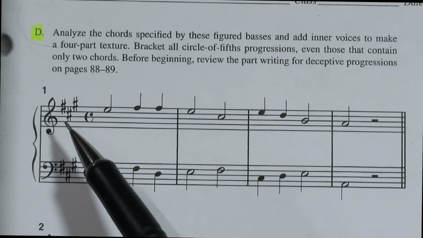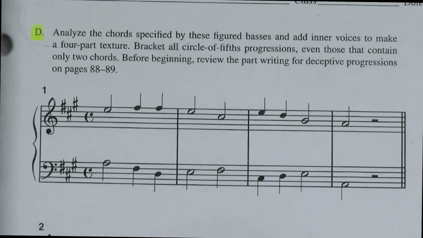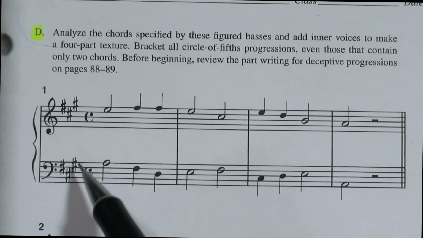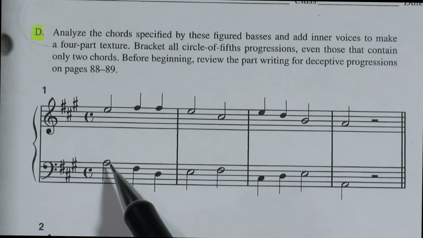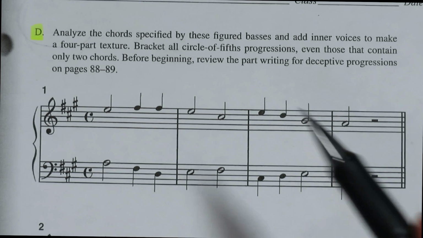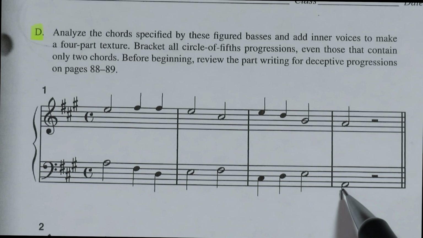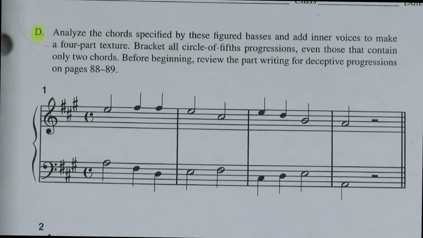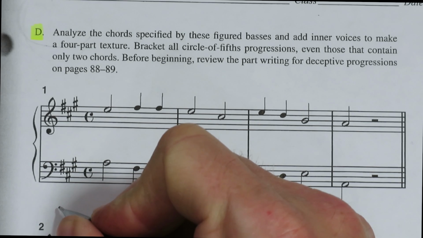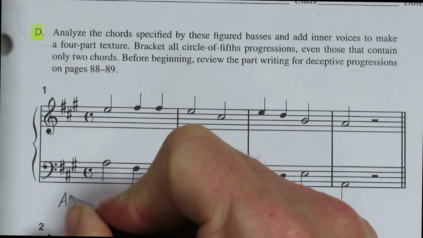We have 3 sharps in our key signature, and if you go up a half step from the last sharp, we have a G sharp, and that would go up to A. So most likely we're in the key of A major. We're starting on an A in the bass here, and we're ending on an A in the bass there. And it looks like some kind of E. Yeah, 5 to 1. So we're in A. I'll just put that down here, capital A.